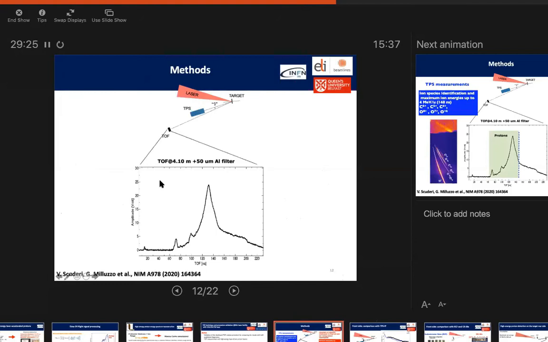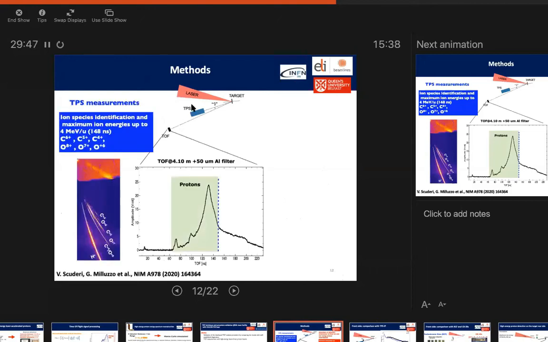This was, for instance, the signal we got in this position from the diamond detector. This is the photo peak, then we had the first peak and a very huge peak. We didn't know if we had protons or carbons, because with time of flight it is not possible to say anything at this stage. But thanks to the Thomson parabola spectrometer, which was placed at more or less the same angle, we knew the types of particles: protons, carbons and oxygen ions with different energies.